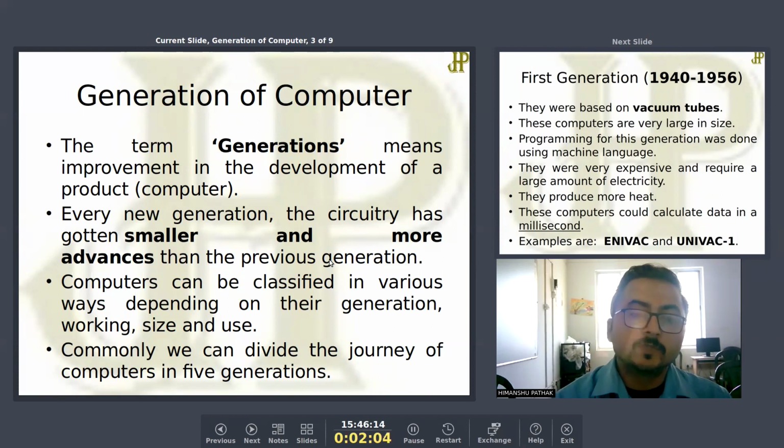Why? Because of their smaller circuitry. Now, computers can be classified in various ways depending on their generation, working, size, and use. So, based on generation, we divide our computers into five.